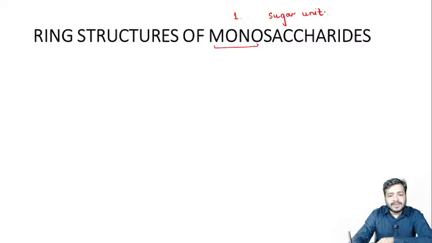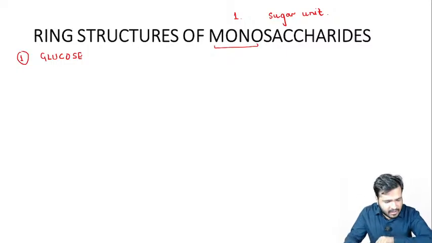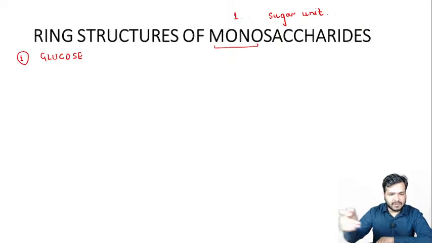The very first monosaccharide we are going to discuss is glucose. First we will draw the straight chain structure, and then we will see how from a straight chain the ring structure is formed.